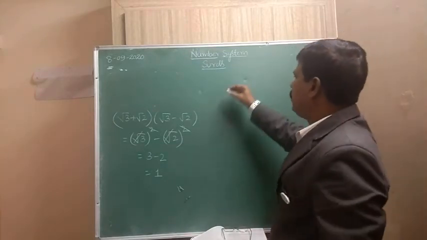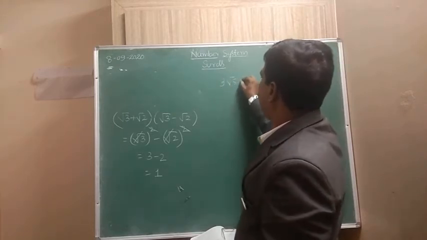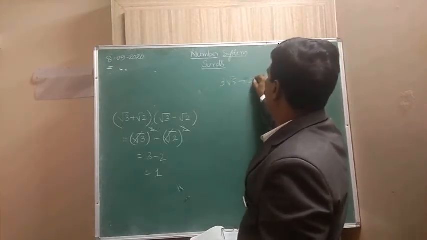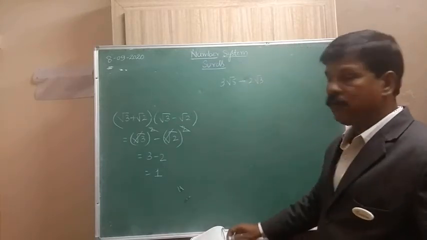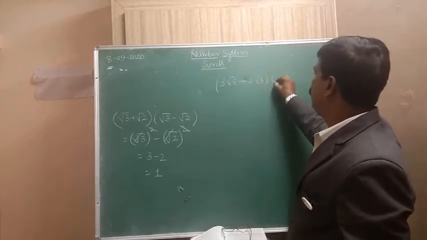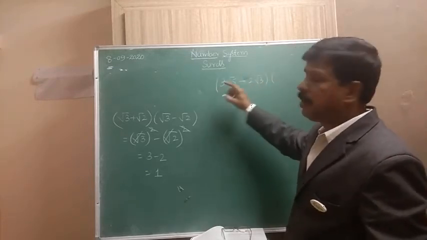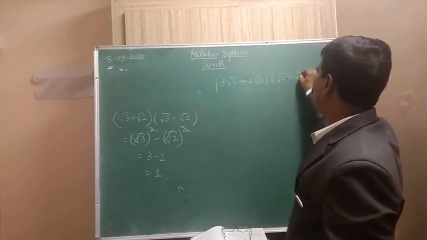Okay. Why? Because look at this. 3 root 5 minus 2 root 3. This is a binomial surd. If you are multiplying this by changing the sign and without the numerical coefficient, then it becomes 5 plus root 3.